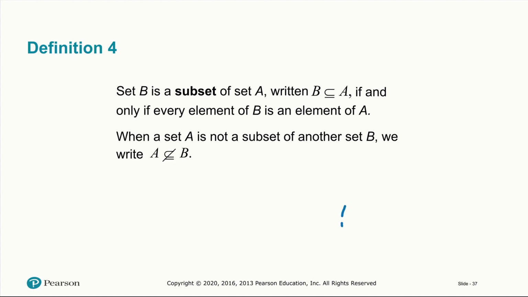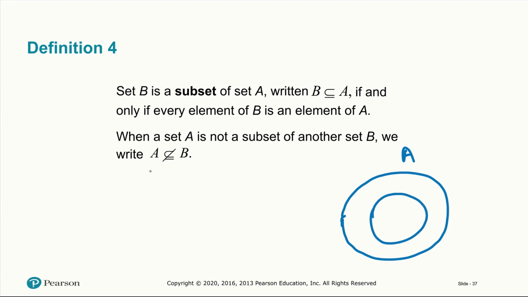Suppose I have this set A and a smaller set that is completely contained within it, B. So here you can see that every element in B would also be an element in A, and that's how we say B is a subset of A, like so. Okay?